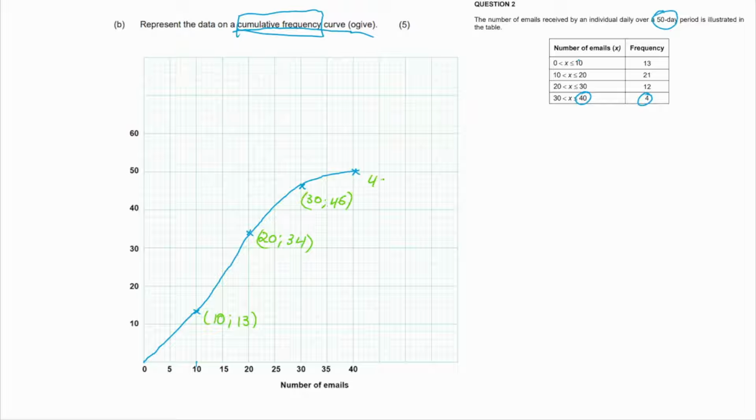And then this would be 40 and 50. So you do need to label those. You get a mark for your shape, and then you get a mark for all of these coordinates, I believe. So make sure you label the coordinates. So that's our ogive.